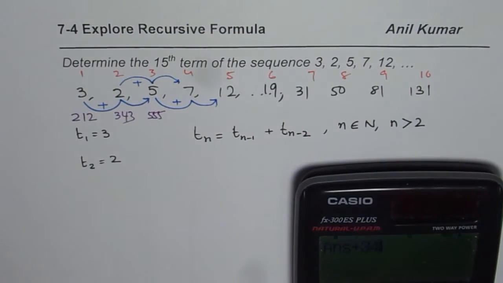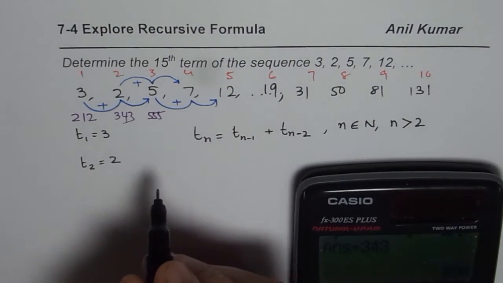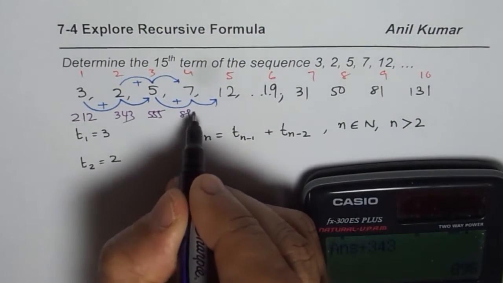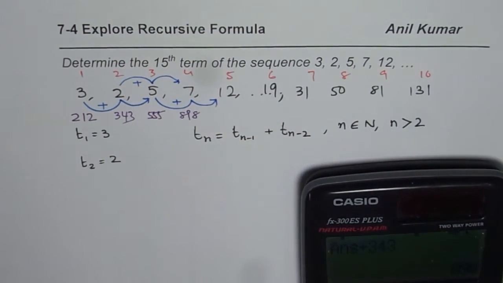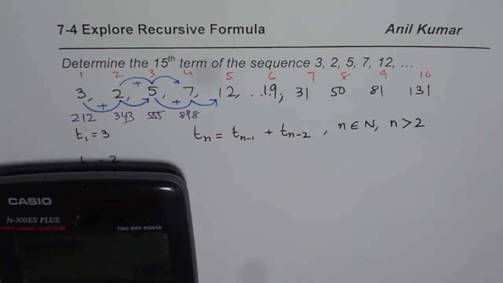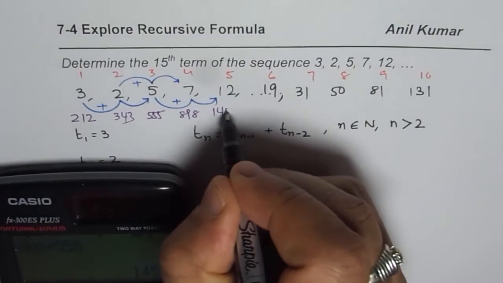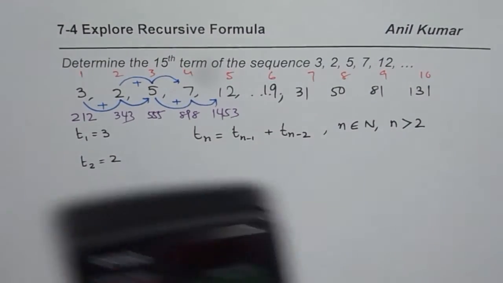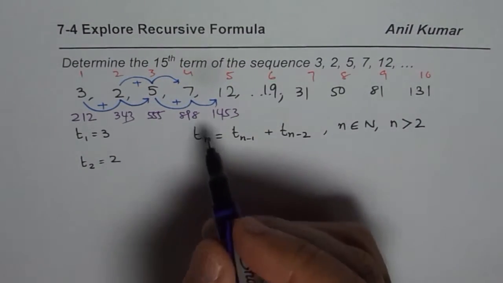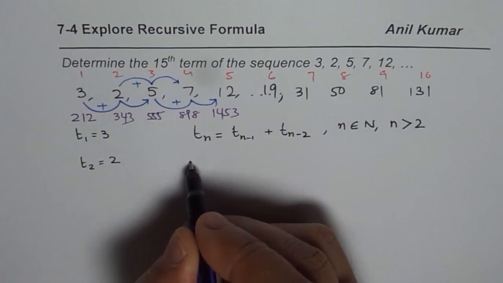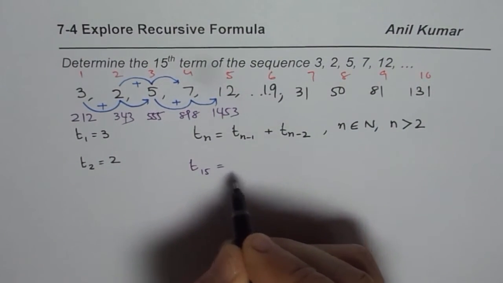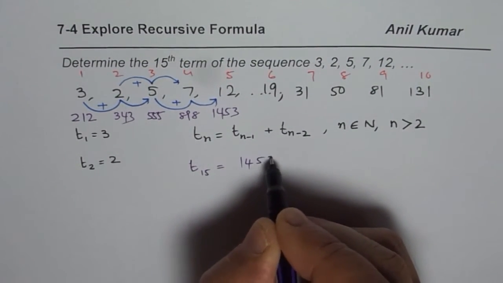Add 343, 898. And then adding 555 to 898, you get 1453. So the 15th term in this sequence is 1453. So we get T15 equals 1453.